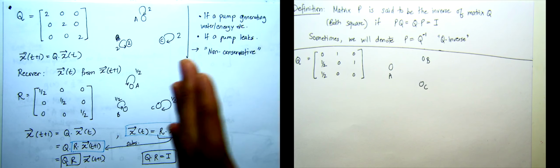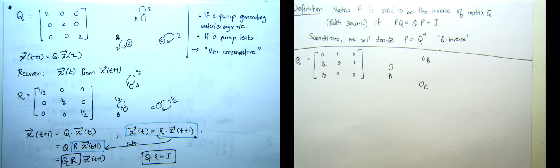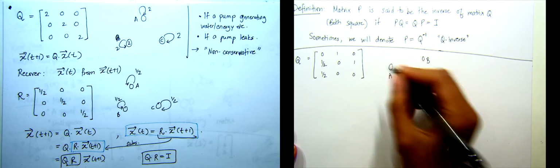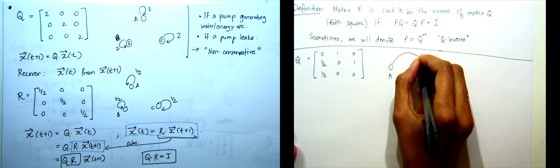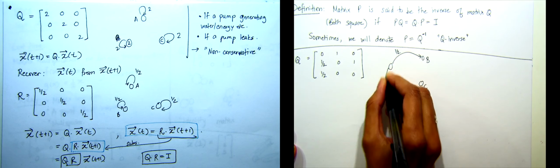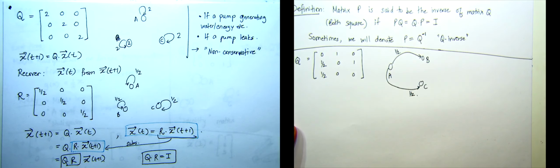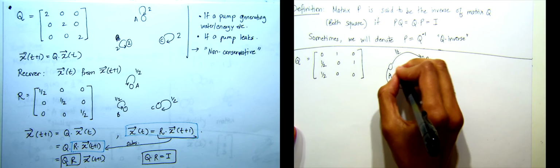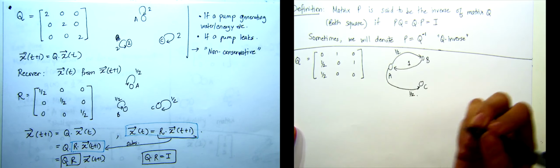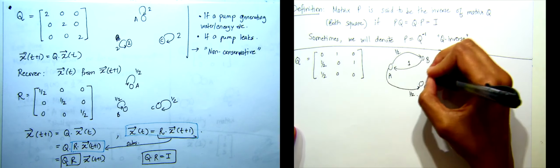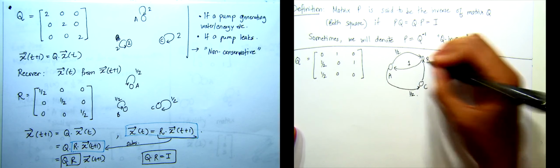I'm not going to do it right now in the interest of time, but please, I recommend that you do it. So here we have basically A is spilling out half into B, half into C, and then we have B is going to A, and we have all of C is going into B.